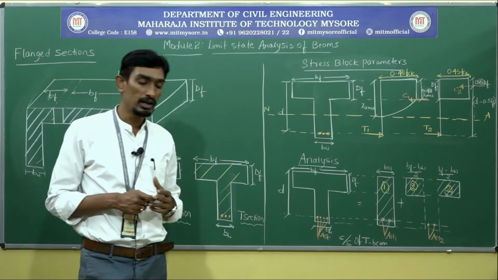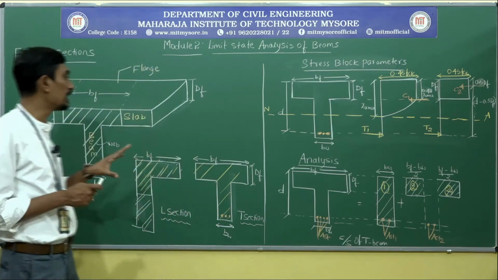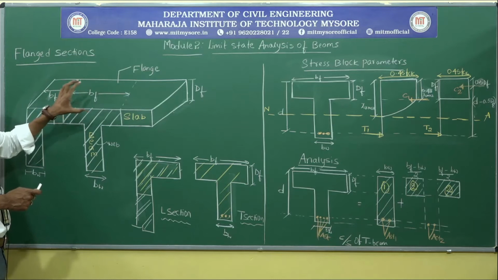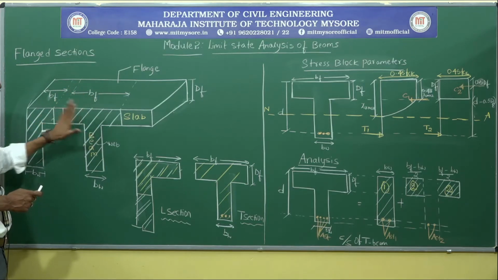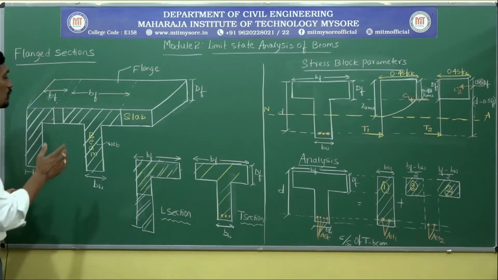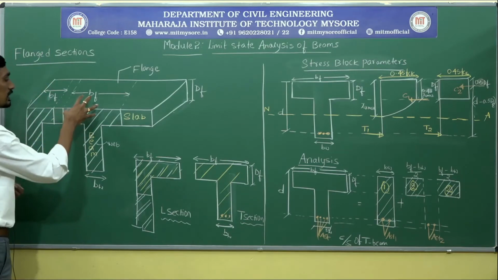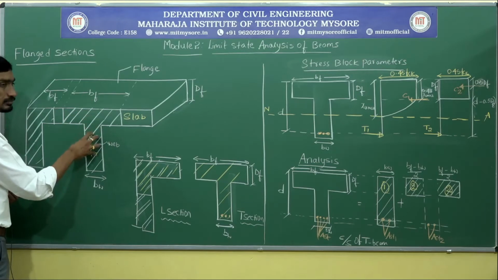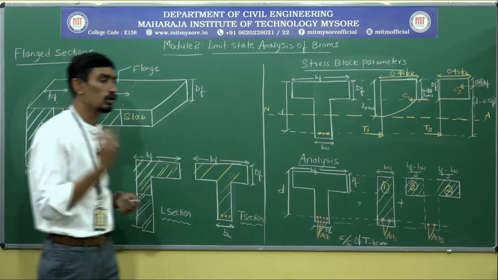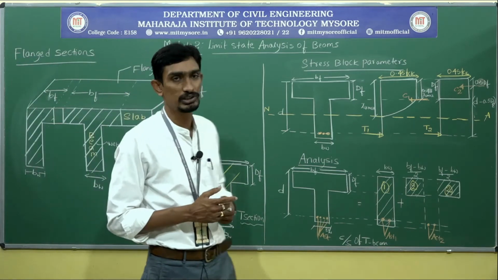The main thing in the flanged section, which is also called a T section and an L section, is that the slab and the beam are cast monolithically. Now you may ask a question.